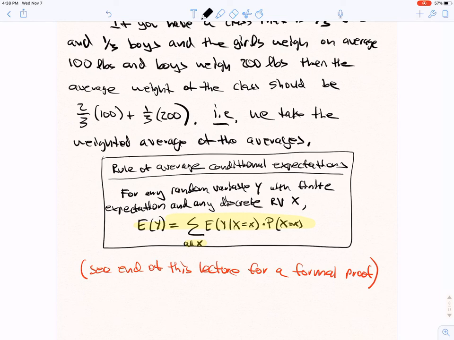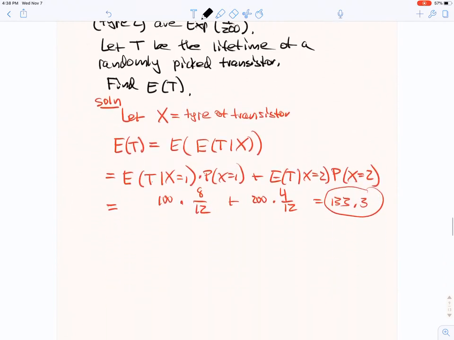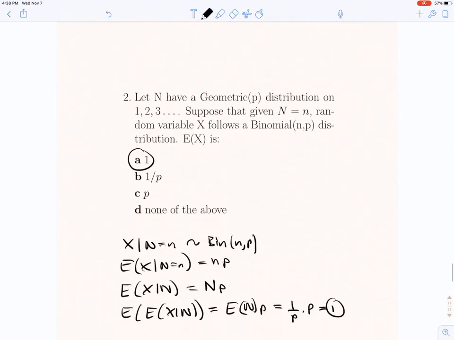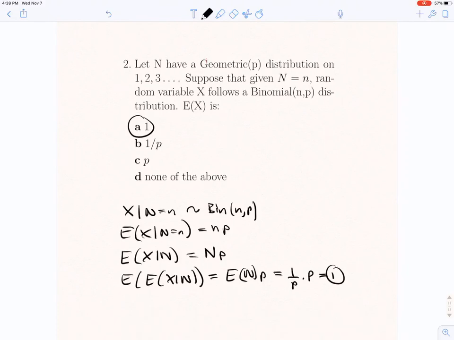So that infinite sum will drop out. And then we did a follow-up problem where now N was geometric p, and it was exactly the same argument, except now the expectation of N is 1/p. So you get 1/p times p is 1. Great, so good job on this, and I'll see you next time.